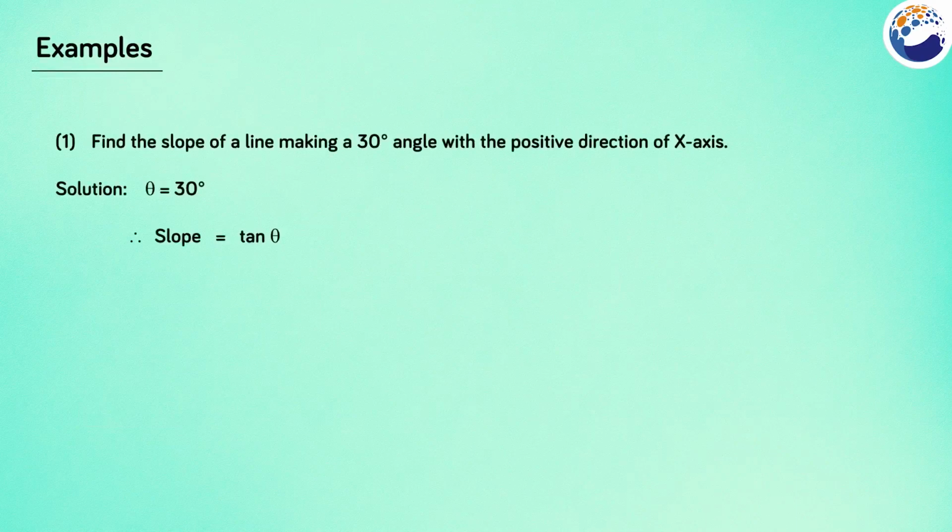Example 1. Find the slope of a line making a 30-degree angle with the positive direction of the x-axis. Solution. Theta is equal to 30 degrees. Therefore, slope is equal to tan theta, which is equal to tan 30, that is equal to 1 by root 3. Therefore, 1 by root 3 is the slope of the line.